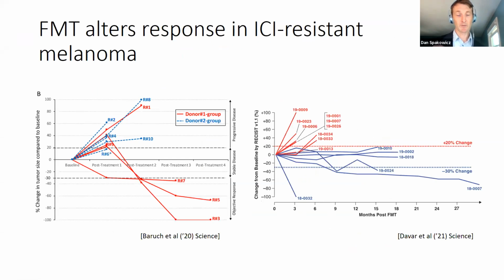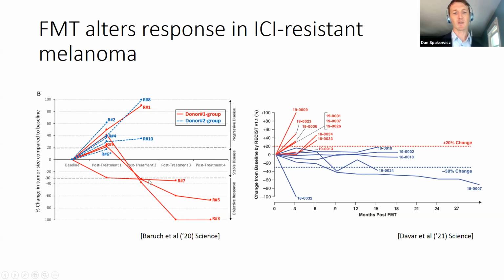More recently, it's been shown that you can take individuals who are resistant, whose cancers are resistant to treatment with immune checkpoint inhibitors, and alter their microbiome through a fecal microbiota transplant, and in some cases improve response. So this is two different papers, both quite recent. Here colored by the donor, this is a time scale and the size, the change in tumor from baseline.